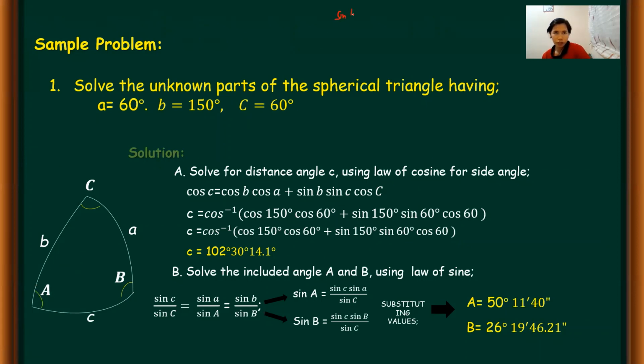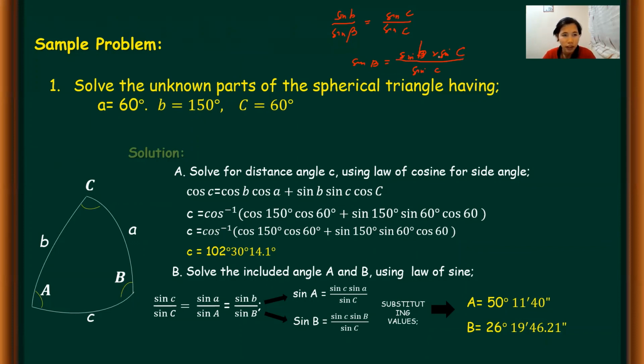So this is sine B over sine b, and we use C over sine c. So sine B equals sine small b times sine capital C over sine small c.